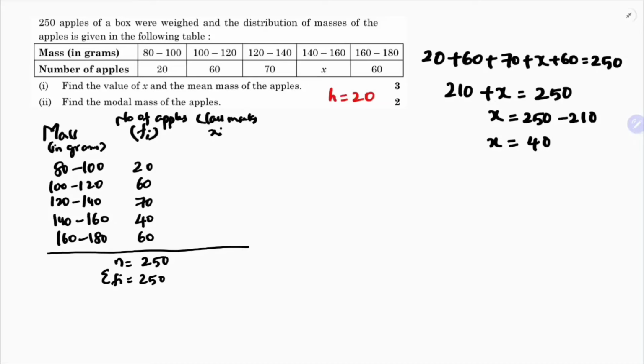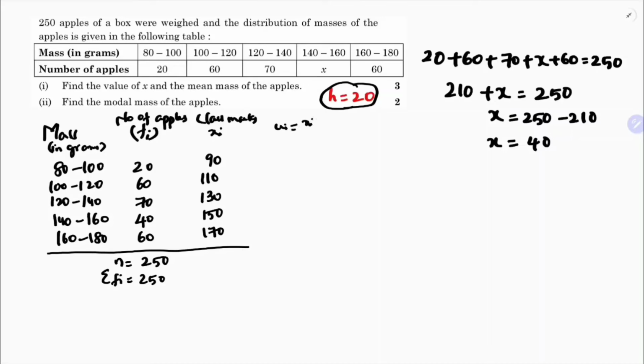So class marks: we add the lower limit and upper limit and make it half. 80 plus 100 is 180, by 2 is 90. 100 plus 120 is 220, by 2 is 110. Instead of that, you can just keep on adding the H value, which gives 130, 150 and 170.